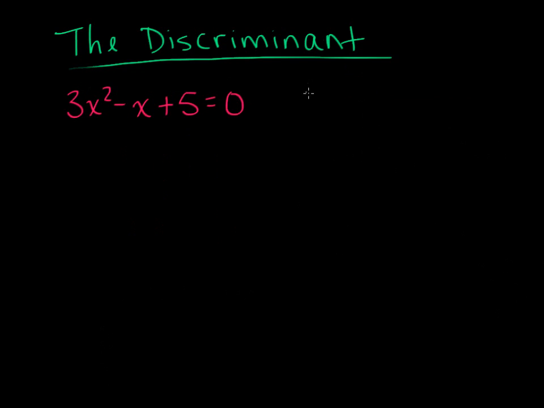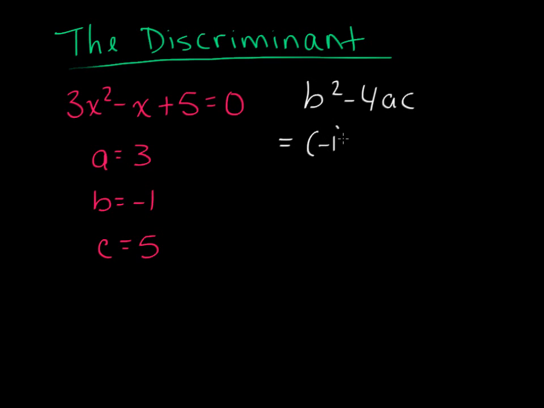Okay, here's another quadratic equation. Again, we want to use the discriminant to determine how many solutions or roots there are in this equation. Okay, so the a value is 3, b is equal to -1, and c is equal to 5. So we'll substitute those values into the discriminant. We get -1 squared minus 4 times 3 times 5.